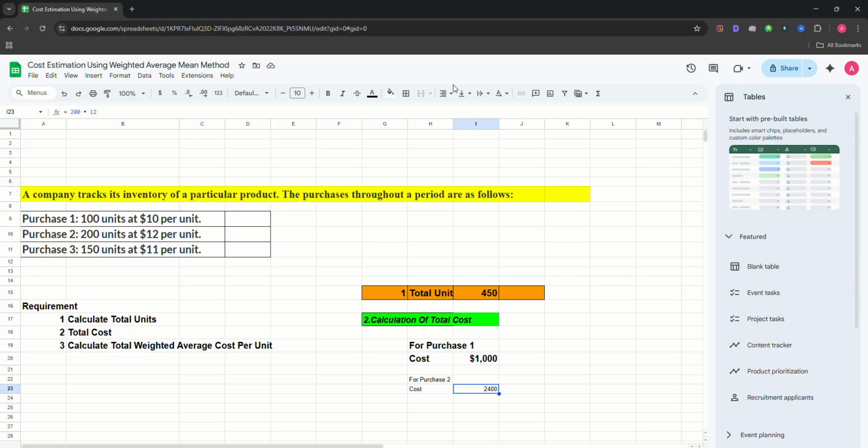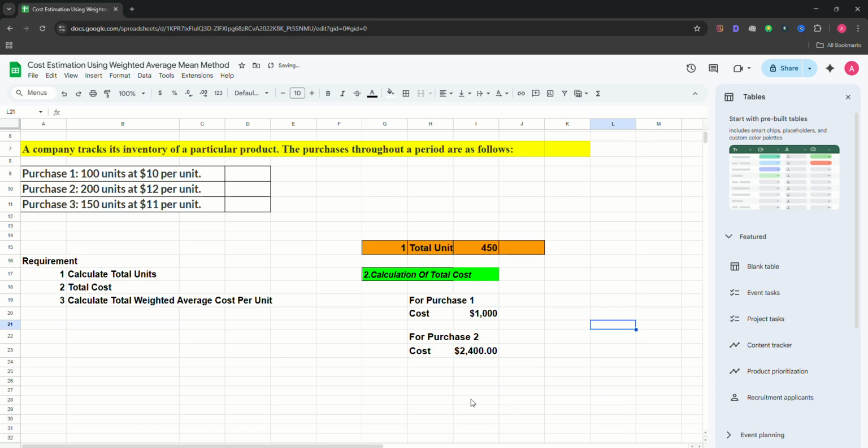I need to add a dollar sign before it. I'm going to enhance the text size so that you can understand better, and then I'm going to calculate the cost for purchase 3.